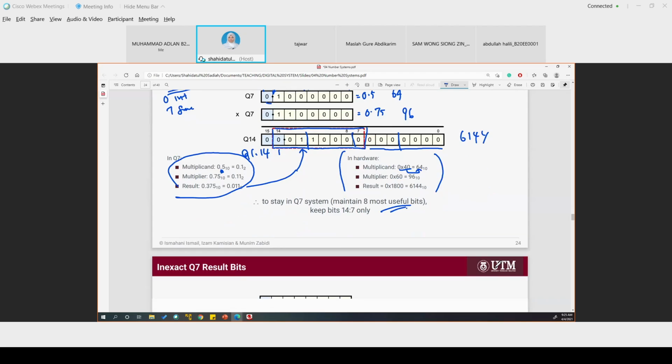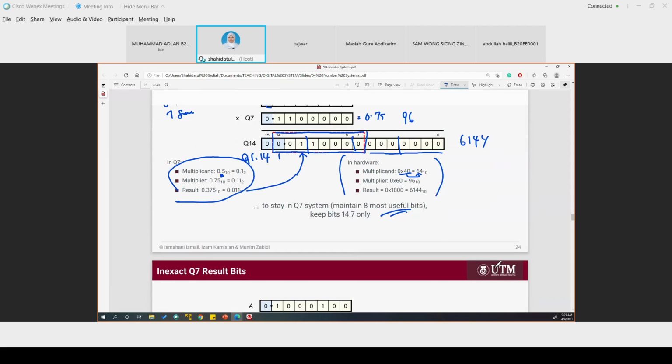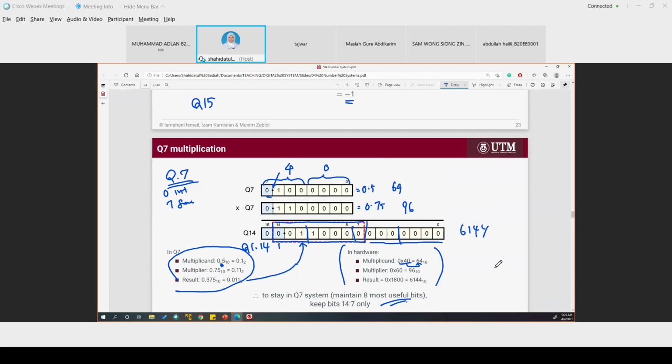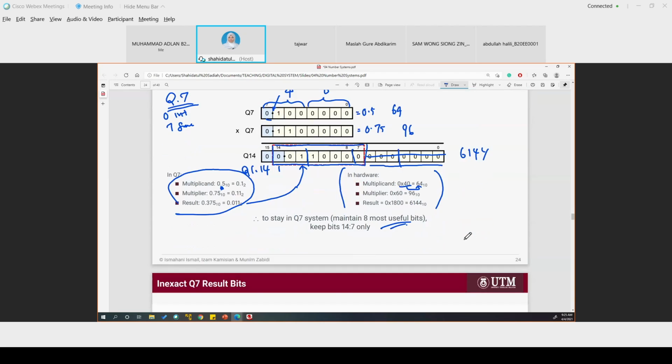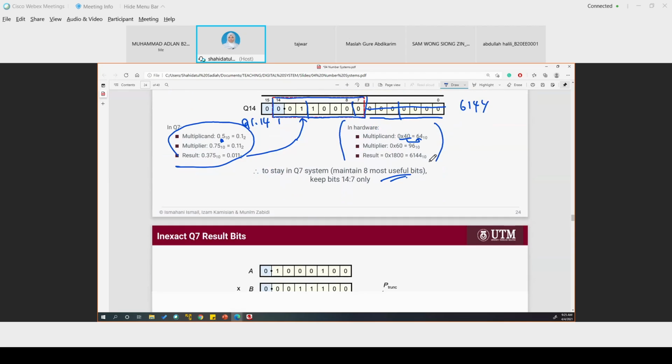Now that is when we have the exact result of multiplication, where we can just truncate the rest of the bits here because they are all 0.